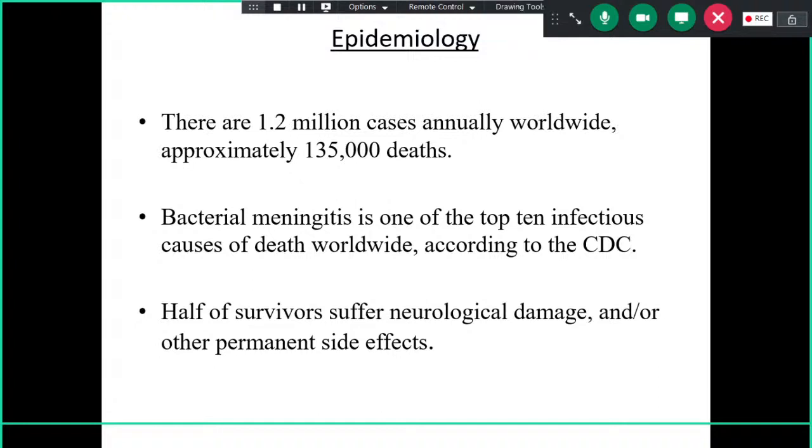We also have to understand that bacterial meningitis is one of the top infectious disease causes of death worldwide.